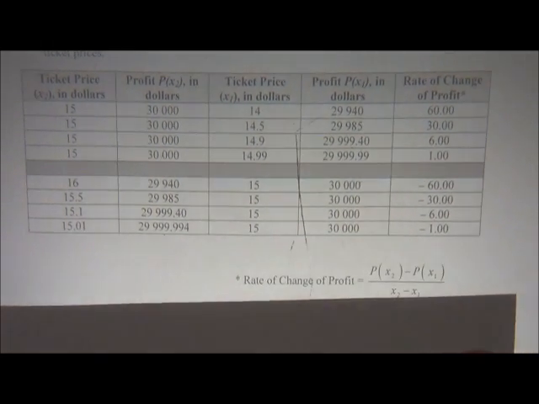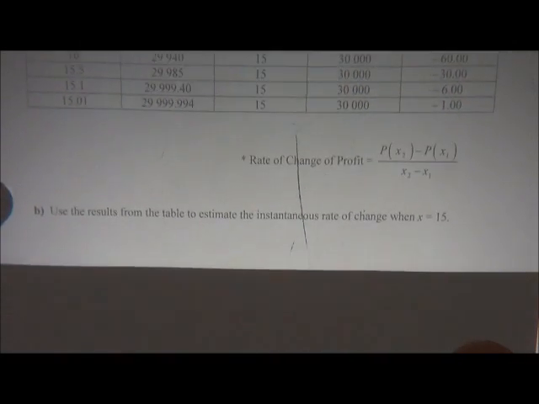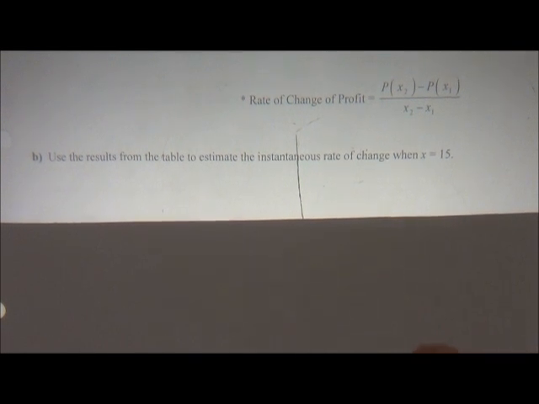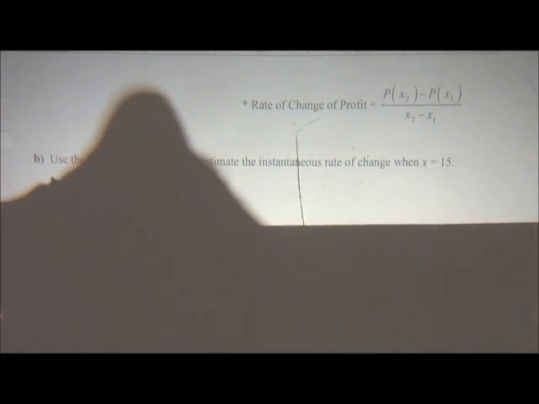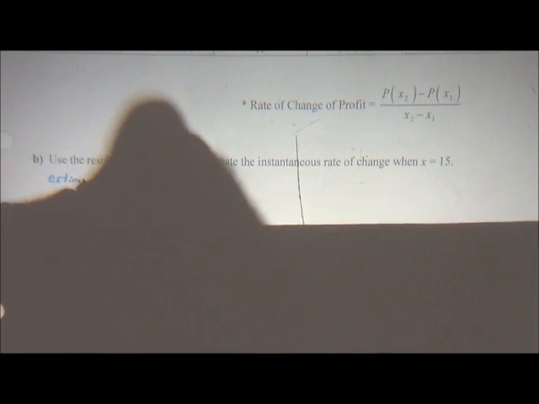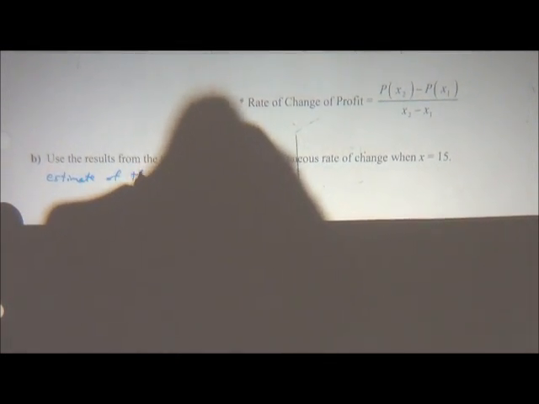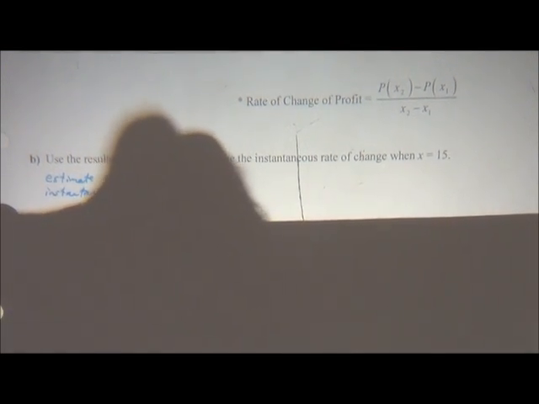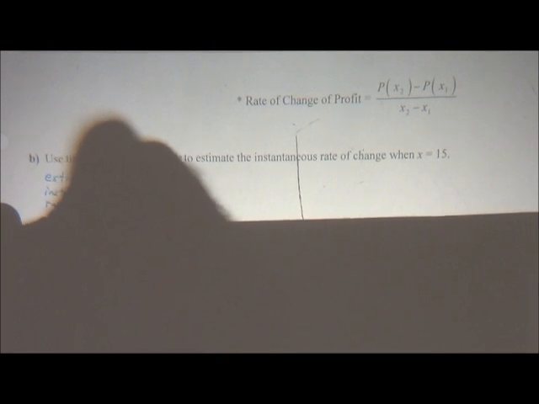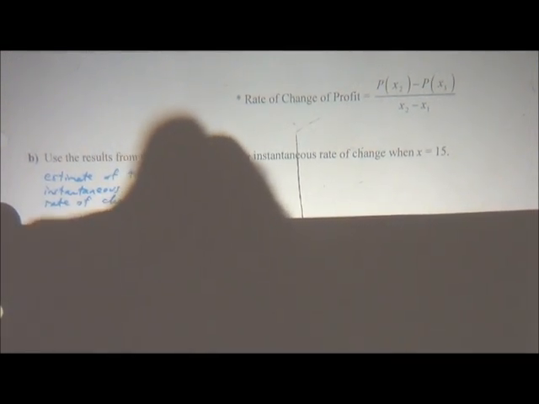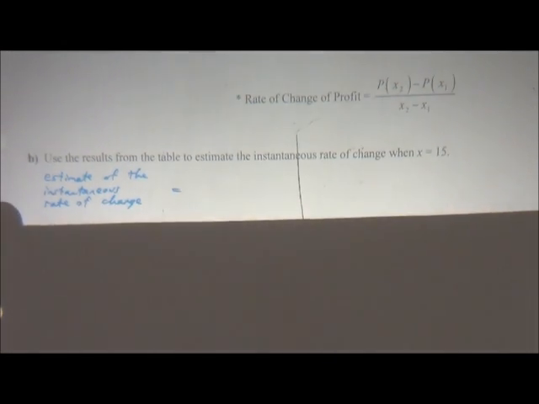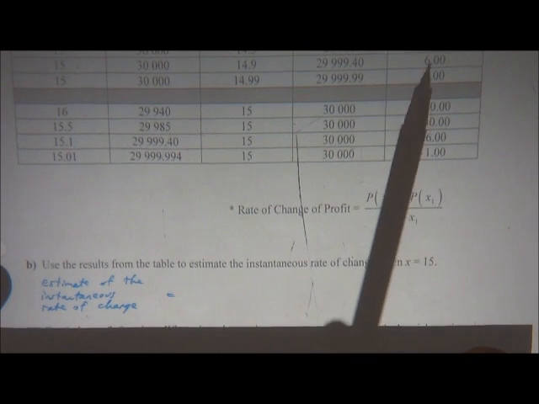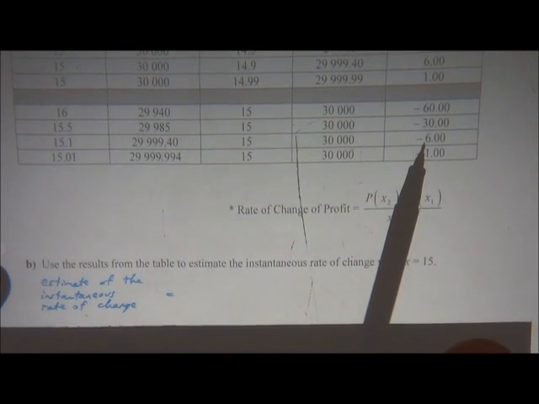So if we want to use these results to estimate the instantaneous rate of change, one would say the estimate of the instantaneous rate of change equals... Remember that all of these calculations that you've done in the table are average rates of change, every single one of them.